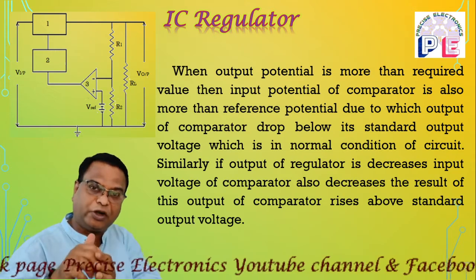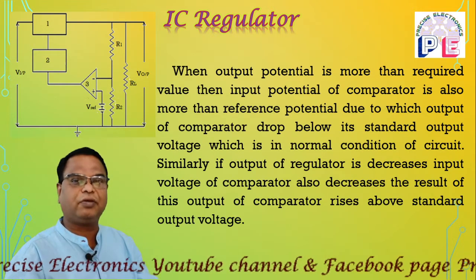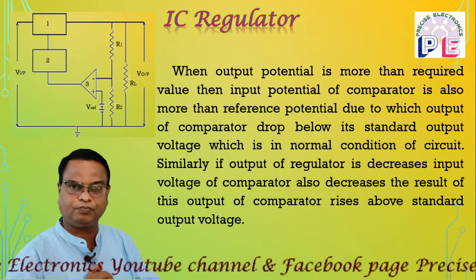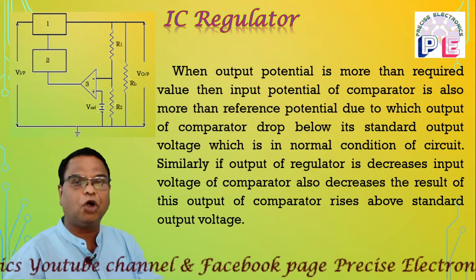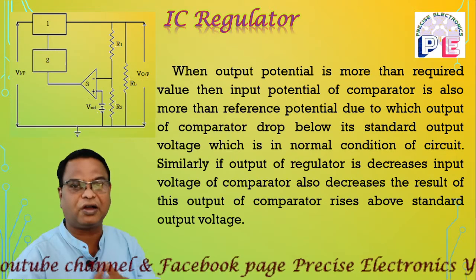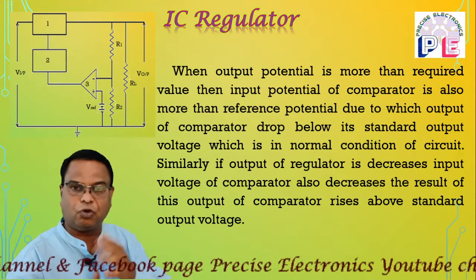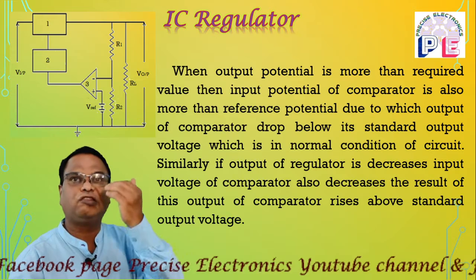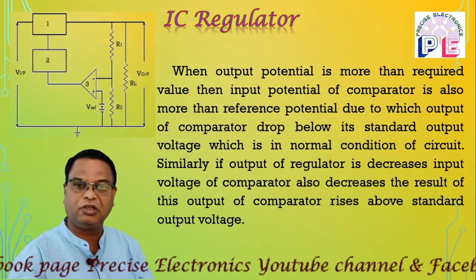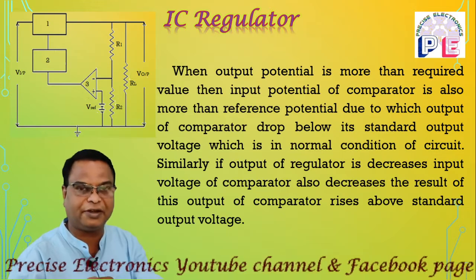Then the input potential applied to the comparator also increases. For example, if R1 and R2 are fixed resistors of the same resistance value, the output potential is divided into two equal parts. That means 12 volt is divided into 6 volt. The potential drop across R1 will be 6 volt and across R2 will also be 6 volt, and that 6 volt is the input potential for the comparator.